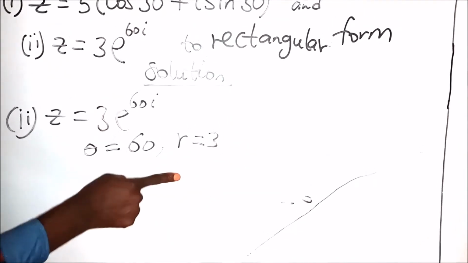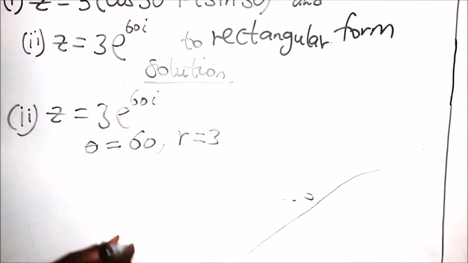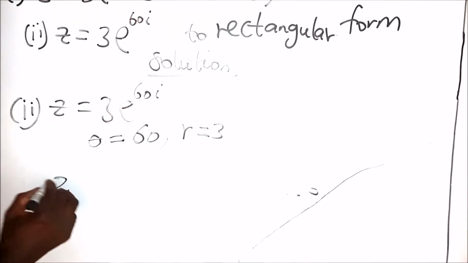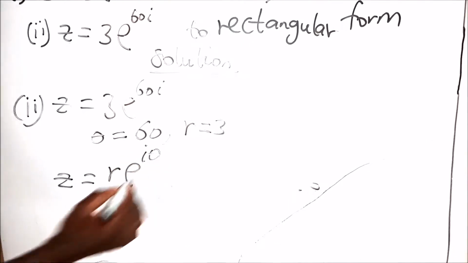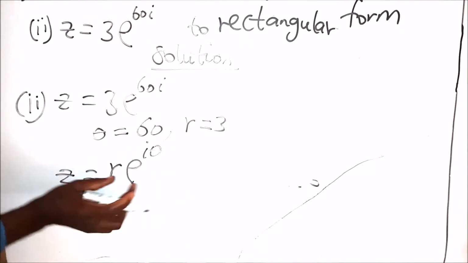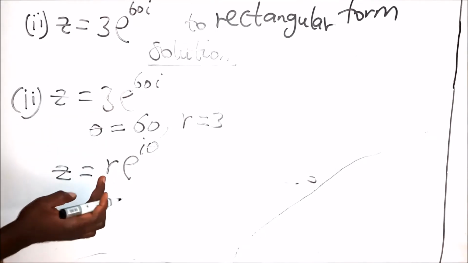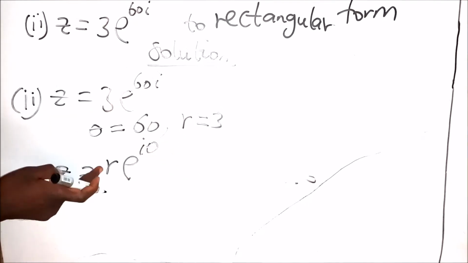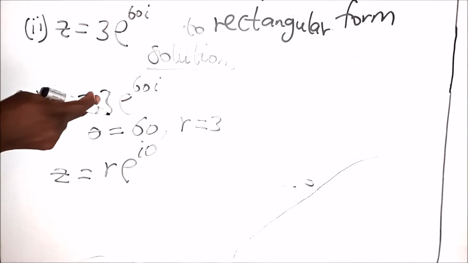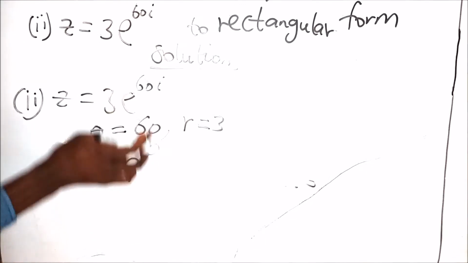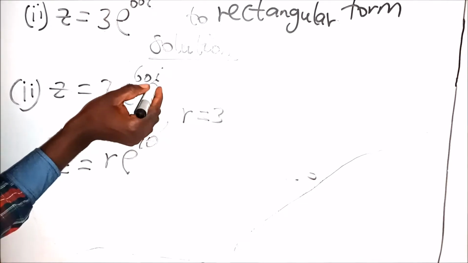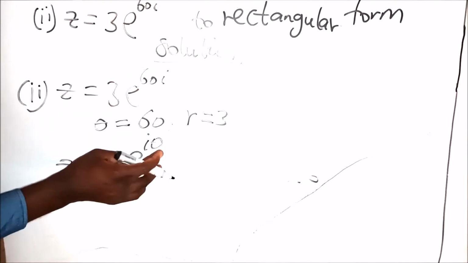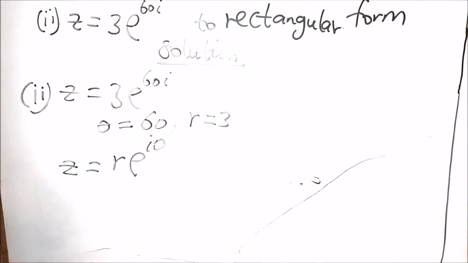It is so because in normal Euler form, we have that z is equal to r exponential i theta. So the number we see before the exponential is the modulus, that's our r. So if you compare this, you see that r is equal to 3. Then if you look at i and look at i, this 60 here stands for the argument.